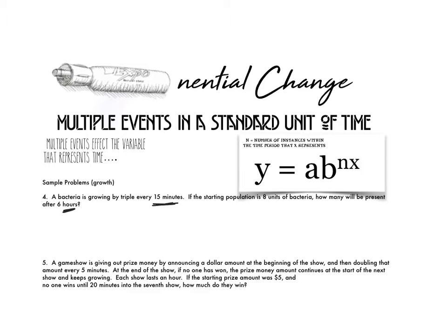Those are 2 different measures of time. We're still going to set this up with our initial amount and our multiplying amount. The initial amount here was 8 units of bacteria. It triples. But we have to ask ourselves, how many times does 15 minutes happen in 1 hour? 15 minutes happens 4 times. So I'm going to write up here 4 times for every hour, which is represented by X.